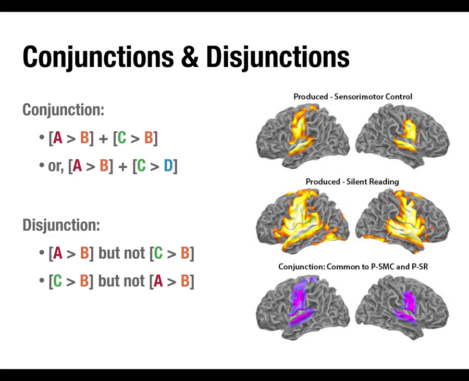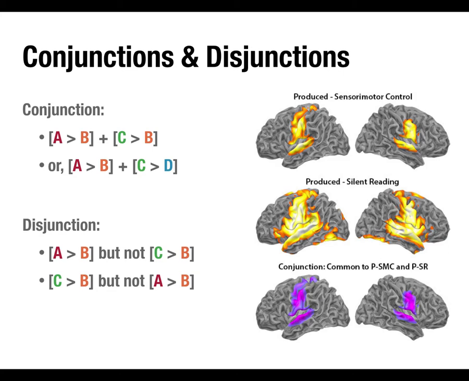So it's an additional step that helps you make interpretations about brain areas, because you can think more broadly that if we're interested in something like semantic processing, we could define semantic processing in a lot of different ways, and we could come up with a bunch of different contrasts that did that. And those might each have their own weaknesses in terms of our ability to precisely control for all aspects of the stimuli that we don't care about.